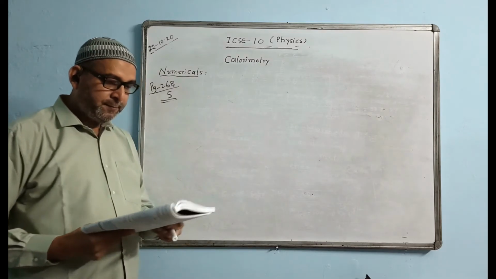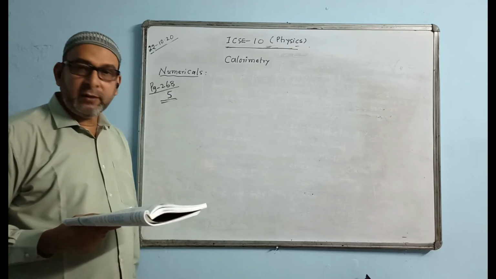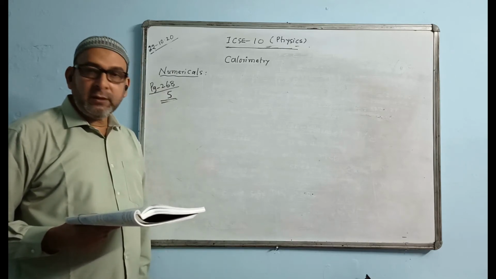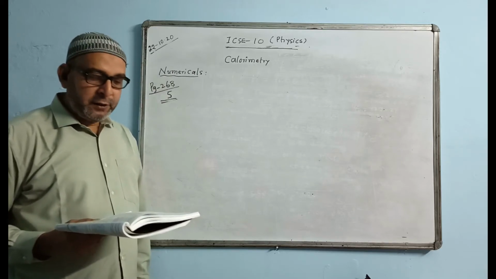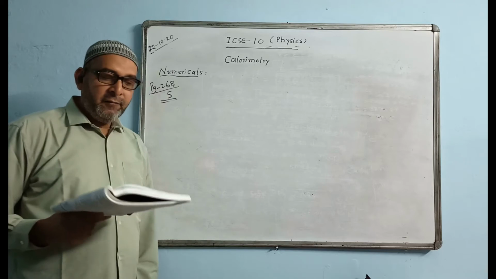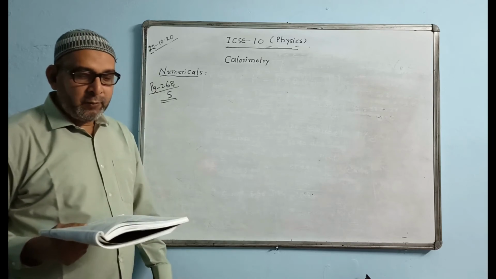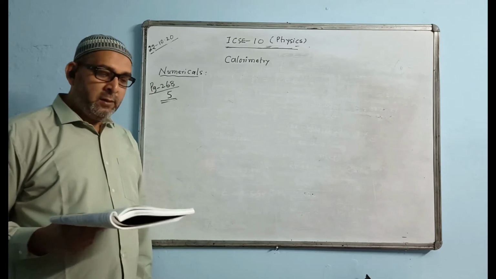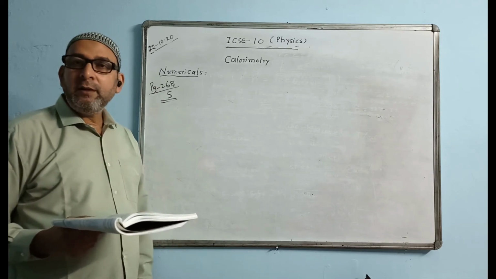Question says, an electric heater of power 1000 watt raises the temperature of 5 kg of a liquid from 25 degrees Celsius to 31 degrees Celsius in 2 minutes.